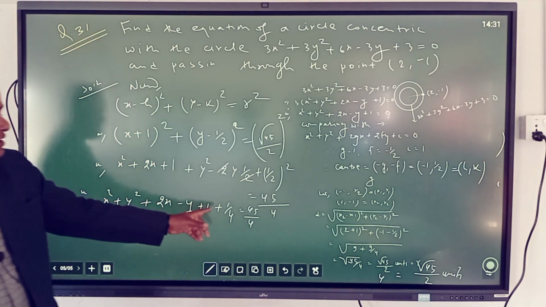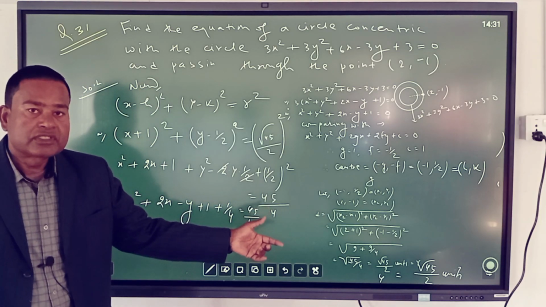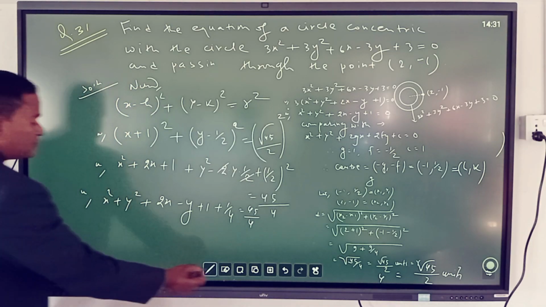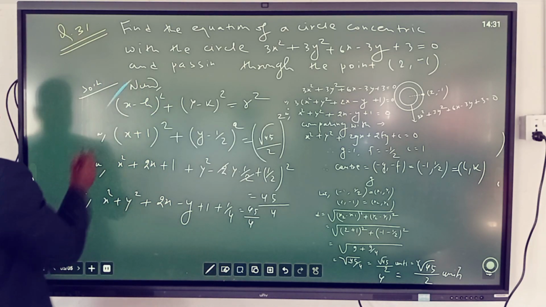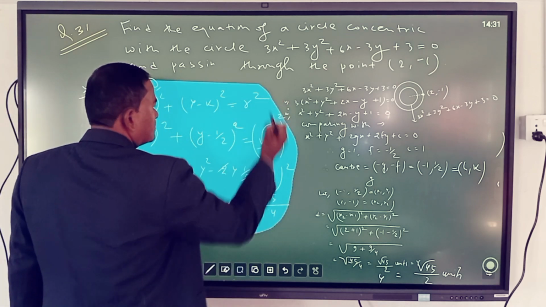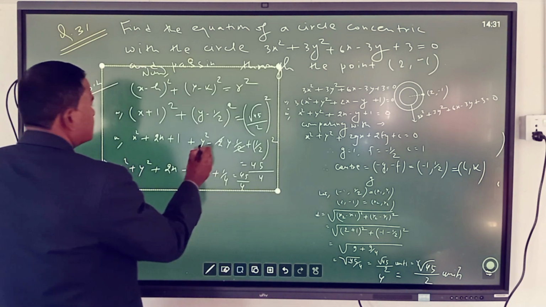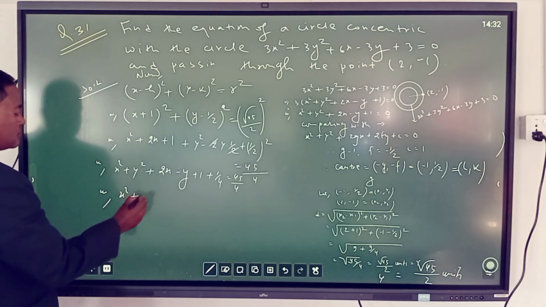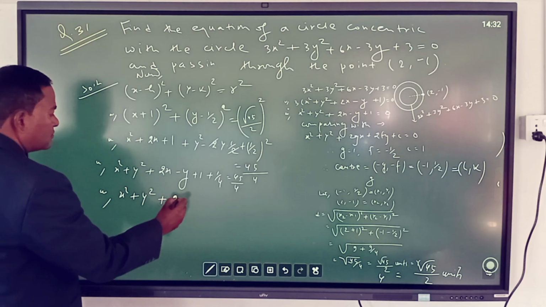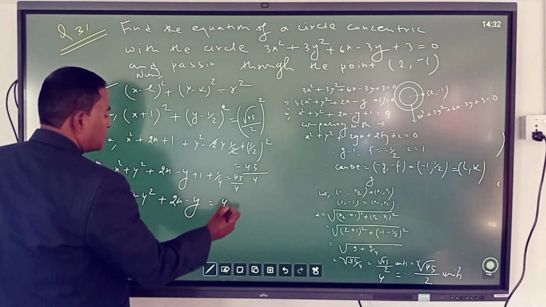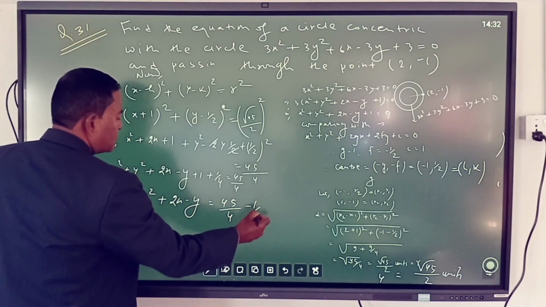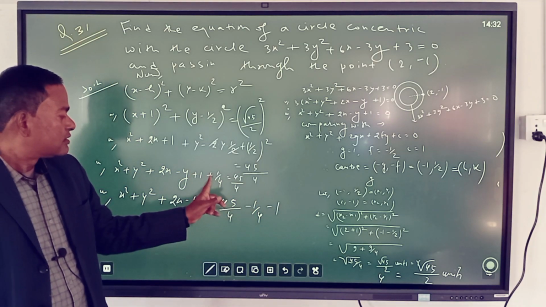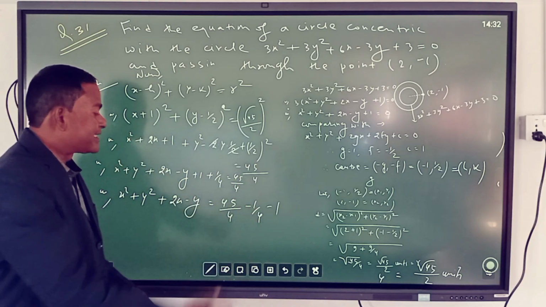Dear students, let us move the constant terms to the right hand side so that it will be easy for the calculation. So dear students, moving plus 1 and plus 1 by 4 to the right hand side.